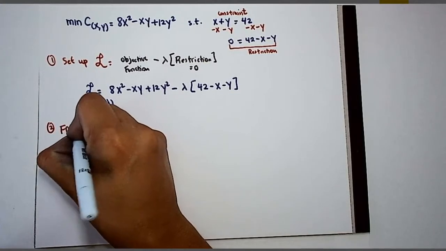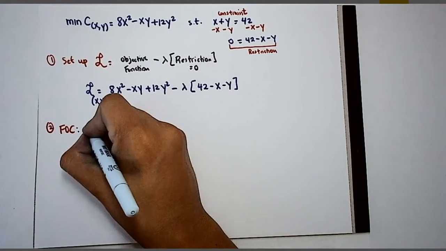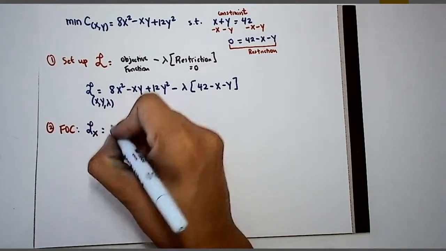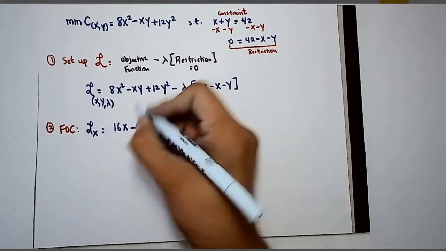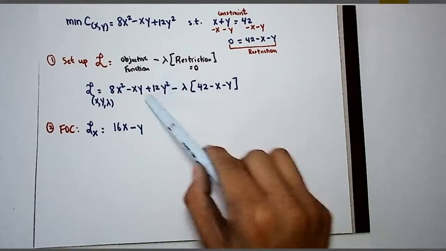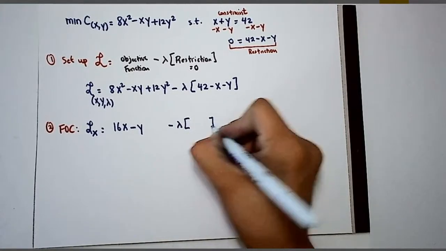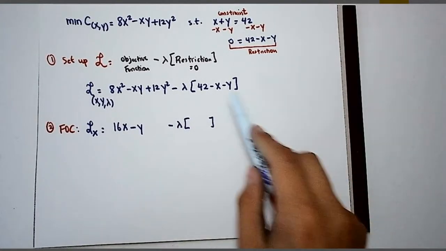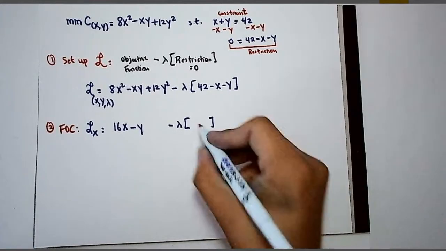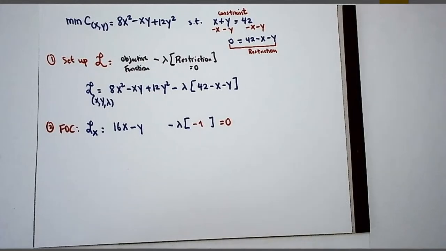Now, let's compute the first order conditions. For the case of x, this is 16x minus y, minus lambda times the only part that has x is minus x, so the derivative is minus 1. And we set this equal to 0.